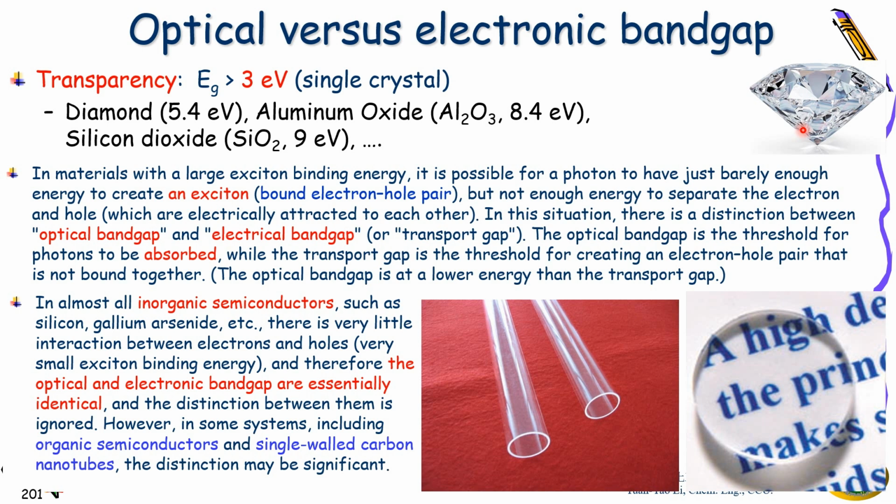Right. I hope you still remember, a single crystal of aluminum oxide is transparent. Diamond is also transparent, as you know. Because of what? Because the band gap is large, 5.4 electron volt. If you shine visible light through this diamond, the visible light will pass through, so that's why you can see the letters behind this material.